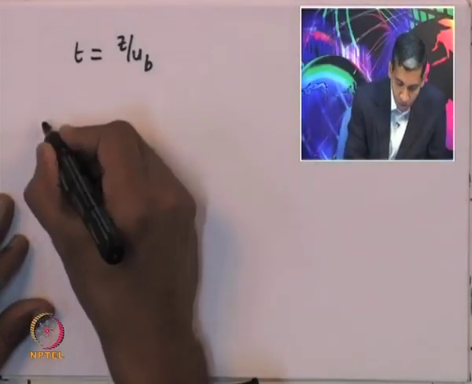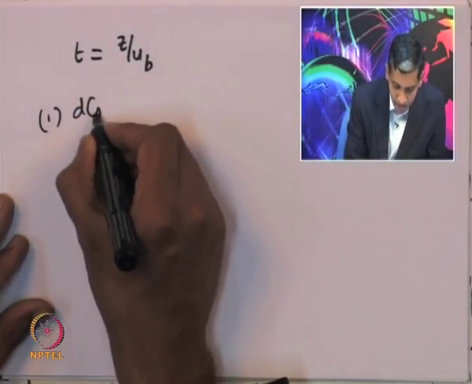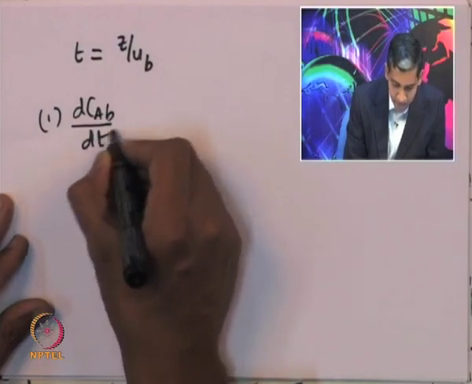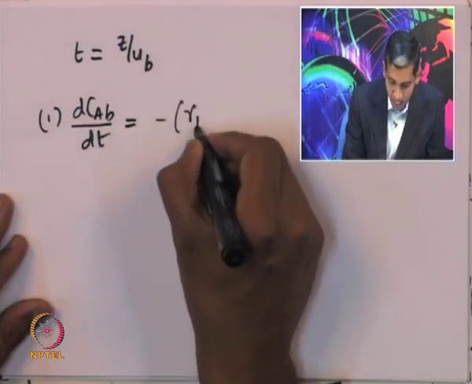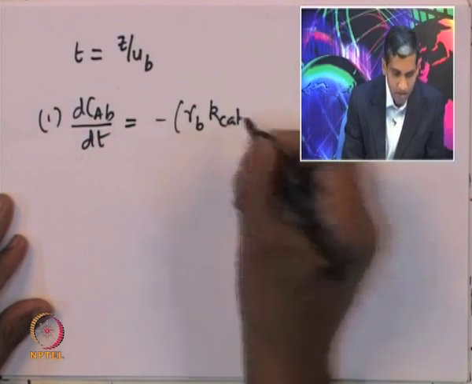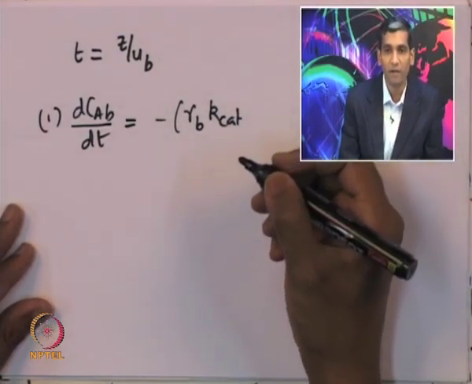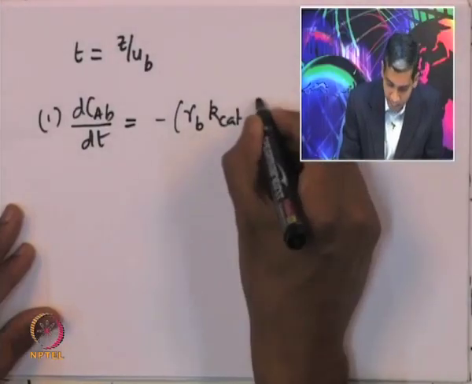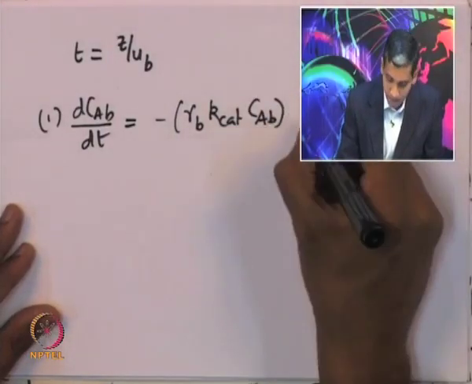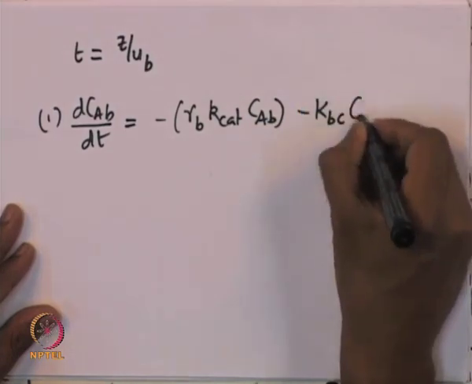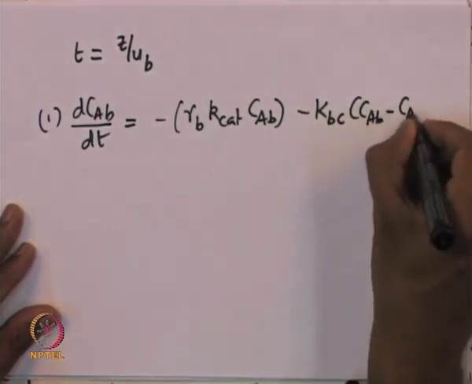So the mole balance will be dCAB by dt equal to minus gamma B into the specific rate constant for the catalytic reaction multiplied by CAB, minus KBC into CAB minus CAC.